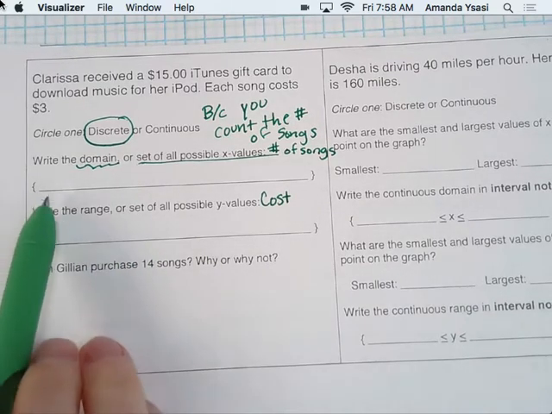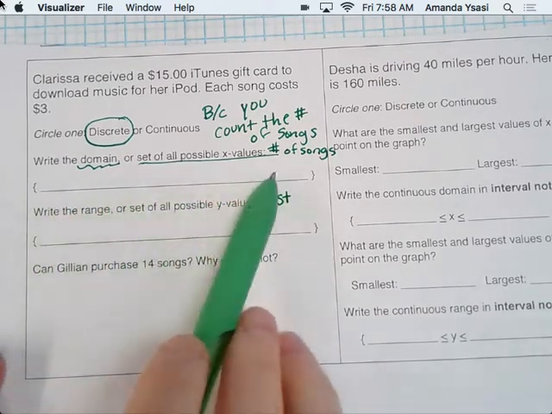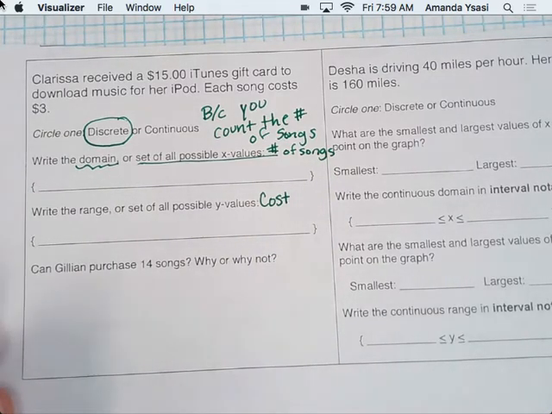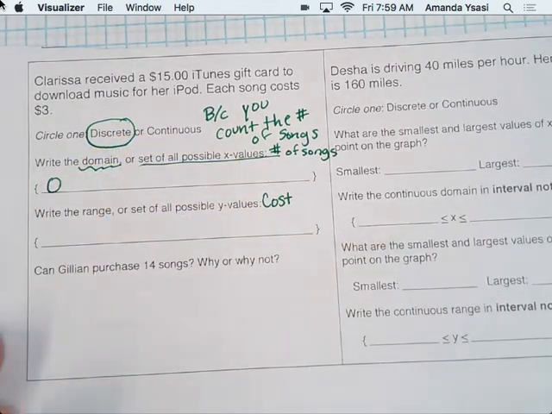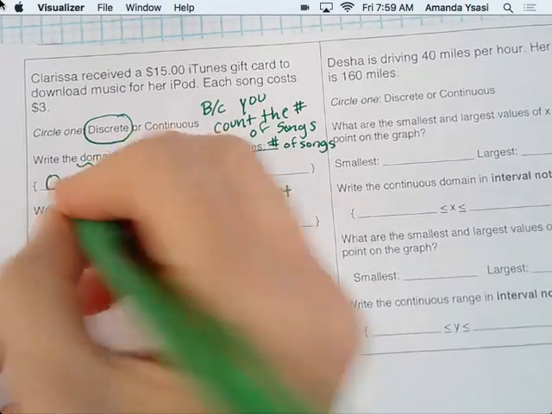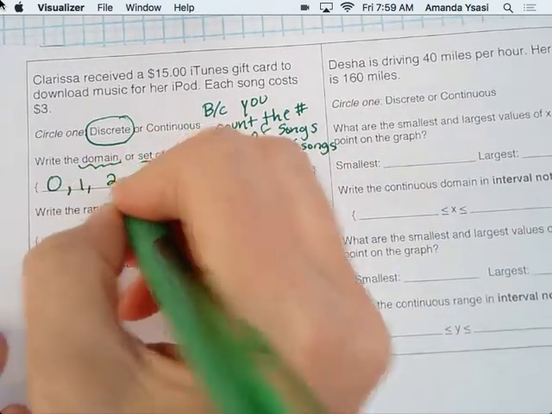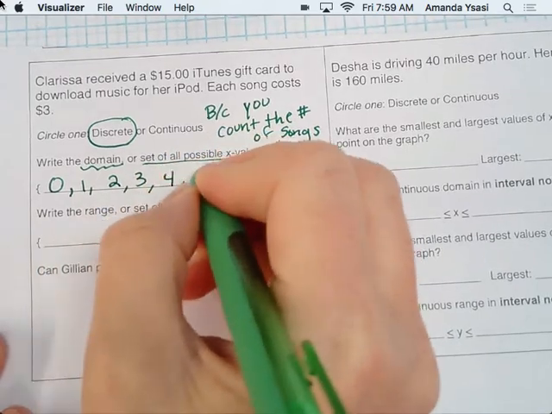So let's see, what is our domain going to be? How many songs can we buy? That's the most, but we're listing out each, like, can we buy 0 songs? Yes. What else? 1, 2, 3, 4, and 5.